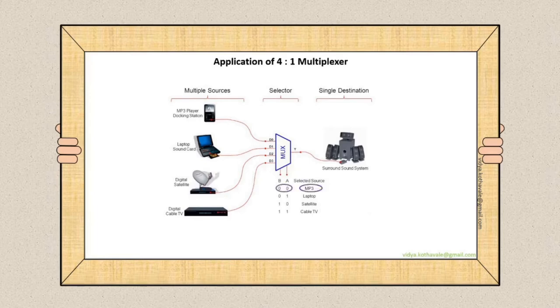With select line input AB equal to 0, 0, MP3 player will be connected to the surround sound system and the sound from MP3 player will be played on the surround sound system. In this case, the sounds from all other input sources will be blocked from reaching the output.